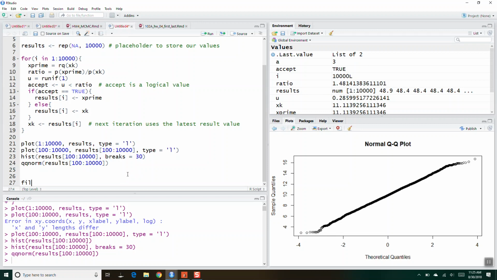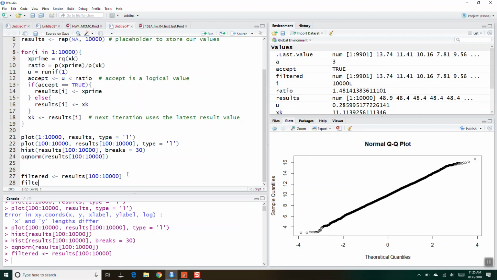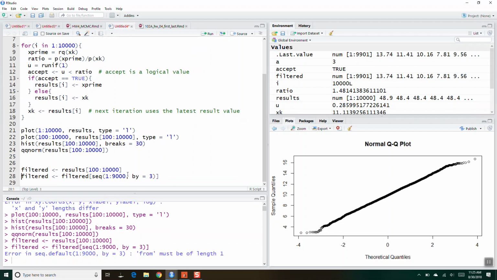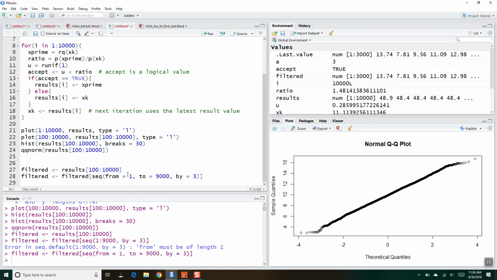So we can say the filtered values can be from results 100 to 10,000, and then further filtered, we'll take our filtered results, and then we'll do a sequence, 1 through 9,000, by equals 3.